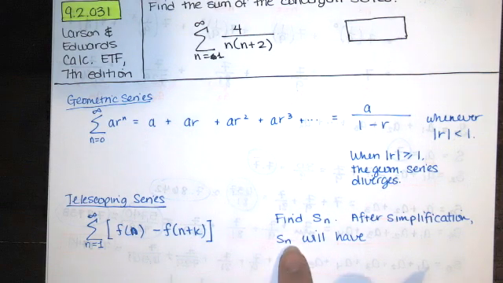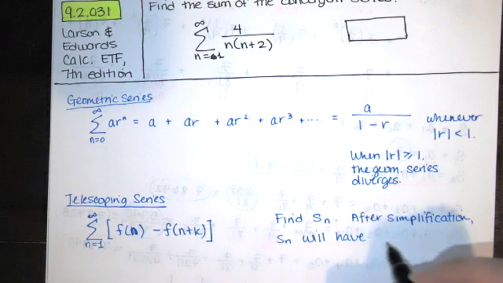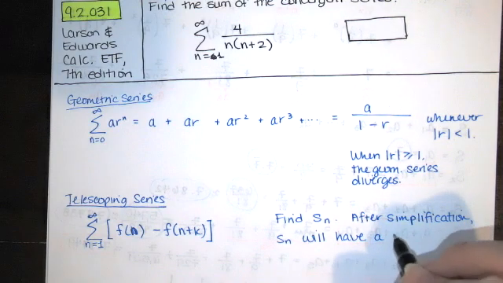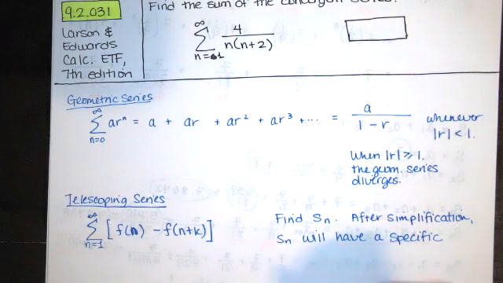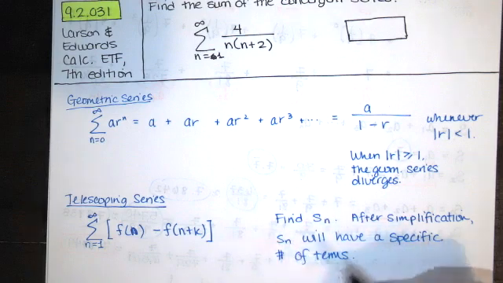So for maybe n greater than or equal to 3, all the S sub n's might have 5 terms, or all the S sub n's might have 3 terms. So S sub n will have a specific number of terms, for lack of a better word. Once you have that expression for S sub n with that specific number of terms, you'll be able to compute its limit. And that will be the sum of the series if that limit exists.